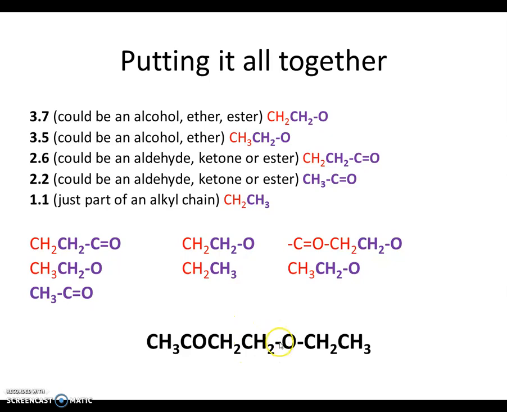This CH2 here was a triplet, and it was at 3.7 ppm. And then this CH2 here was at 3.5 ppm, and then this CH3 here was the signal at 1.1 ppm, which was a quartet.